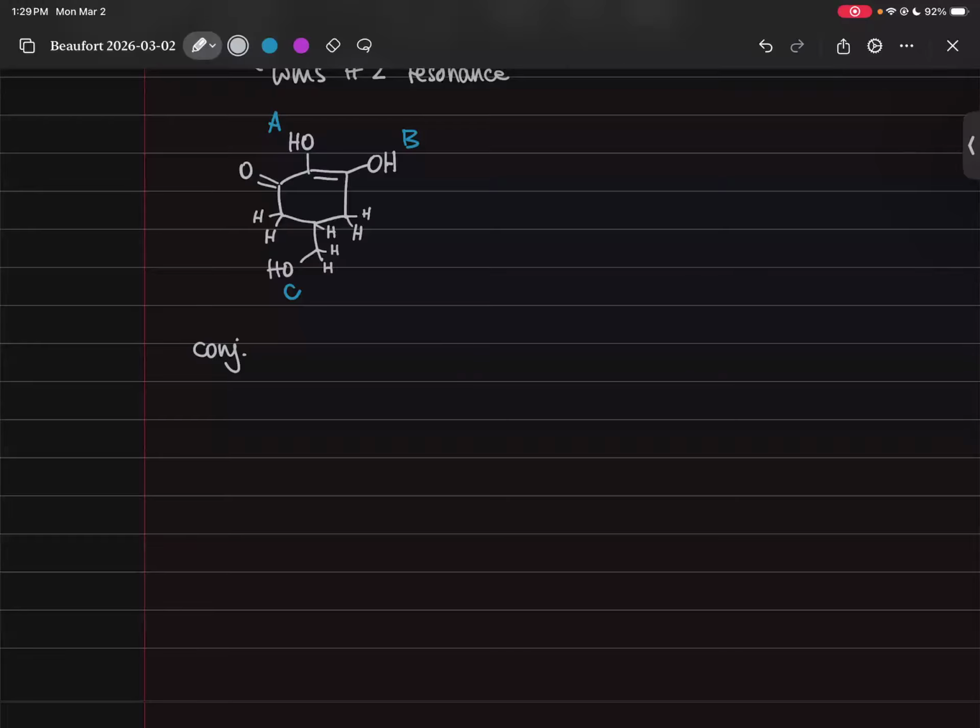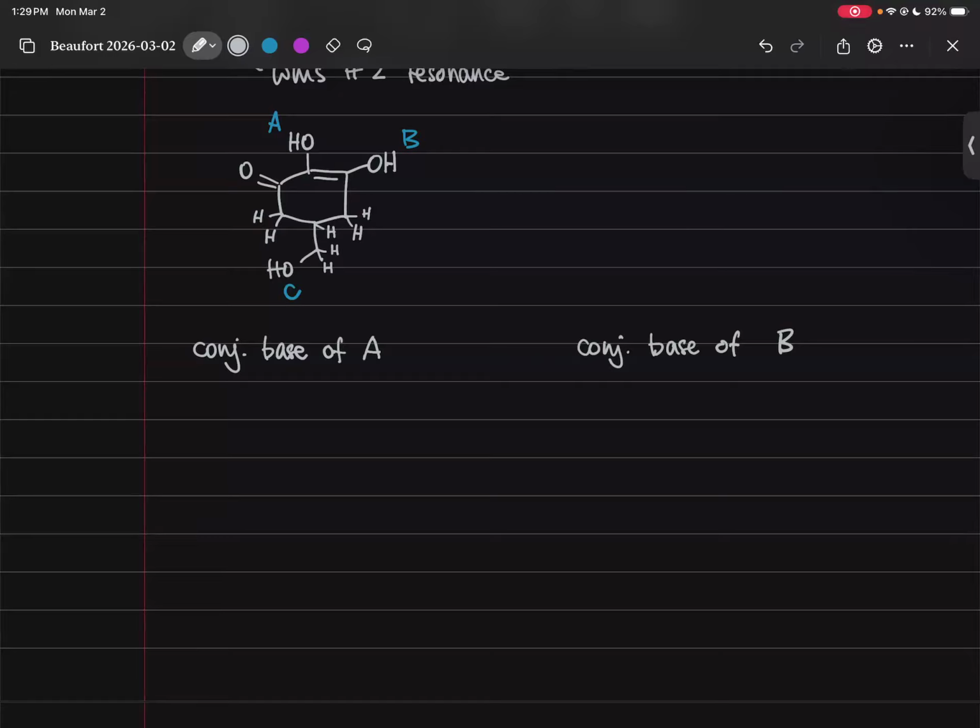I think the reason that I and probably a lot of other people on the exam put A is because it's near the carbonyl. And we know we can draw resonance structures of the carbonyl, right? But what I didn't do is actually draw it. How do you find a conjugate base? Saying conjugate base of A isn't technically a real thing.